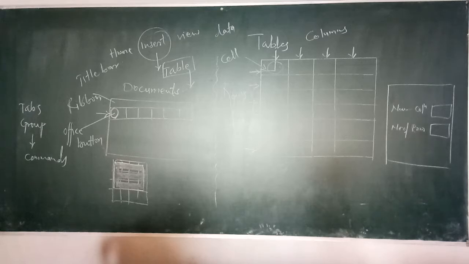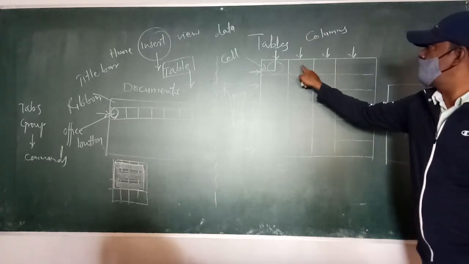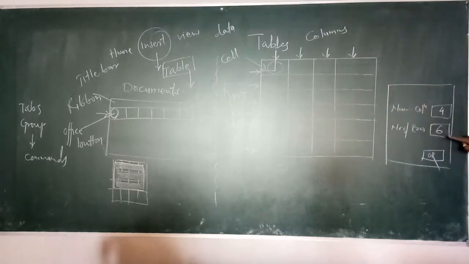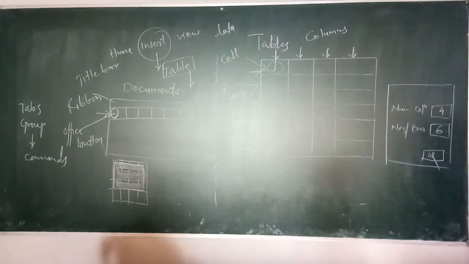If we give 4 columns and 6 rows, then when we click on the OK button, the table will be created with 4 columns, 1, 2, 3, 4, and with 6 rows, 1, 2, 3, 4, 5, 6. Understood? So by this way also you can create tables in Microsoft Word. Understood everyone?